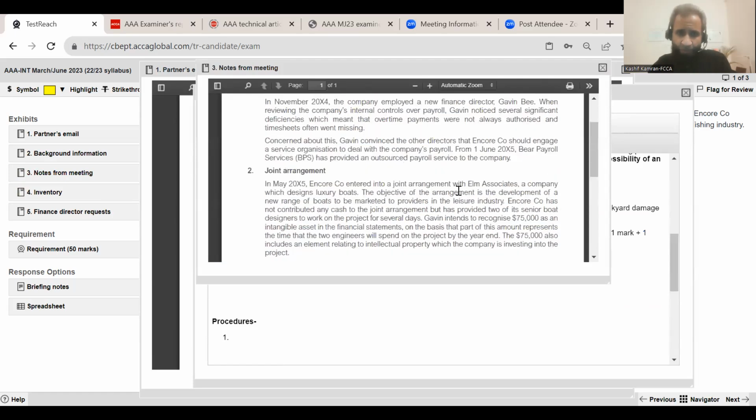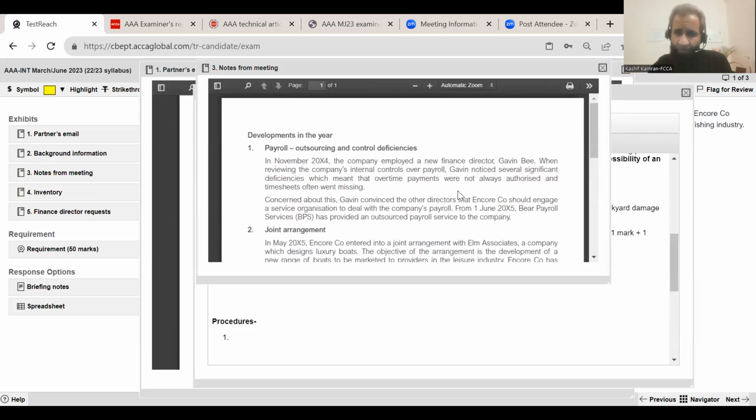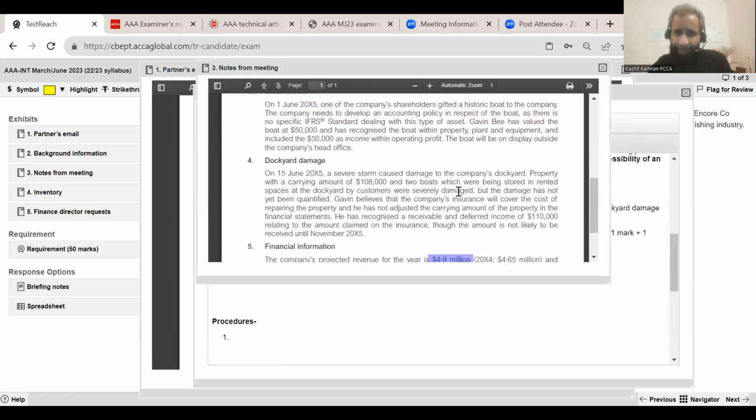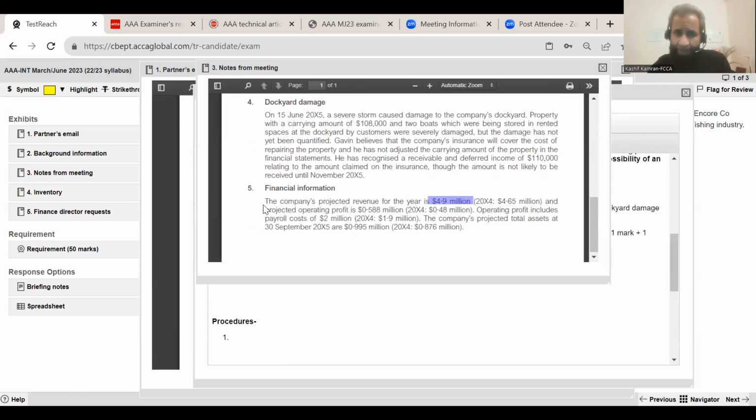In Exhibit 3, the only thing for which the examiner wants us to refer to the exhibit is perhaps the financial information, so we know what the materiality is. From Exhibit 3, we get to know that revenue is $4.9 million, and we've already calculated materiality, which is $24,500.